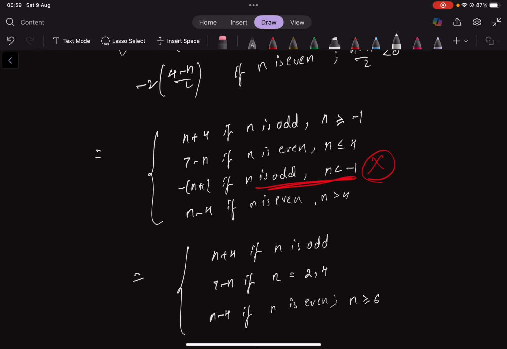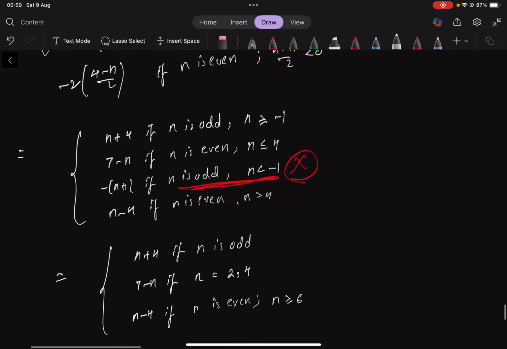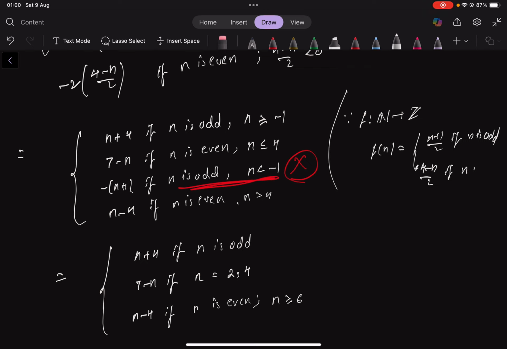So again, the reason for these negative cases not happening is that we were given f is from natural numbers to integers, and f of n is (n plus 1)/2 if n is odd, and (4 minus n)/2 if n is even.